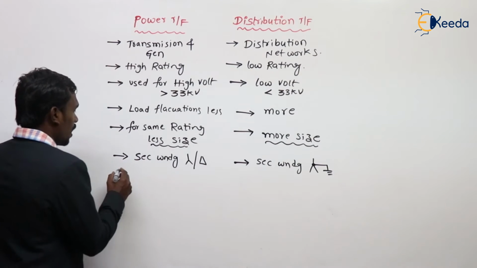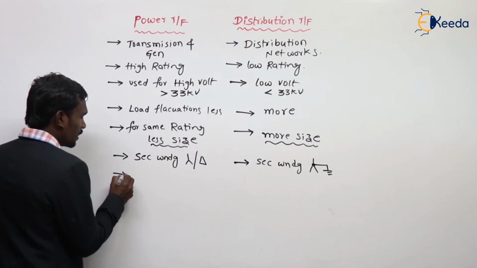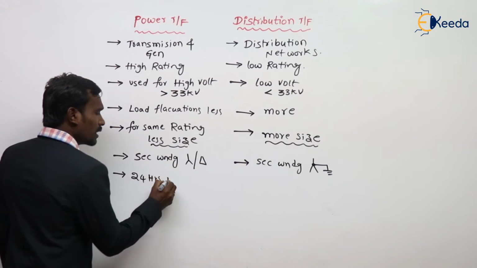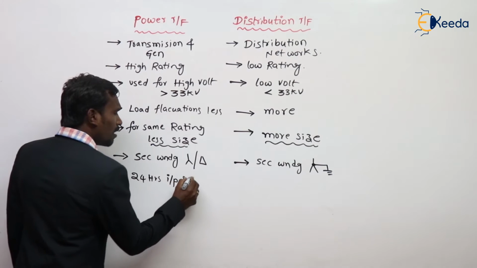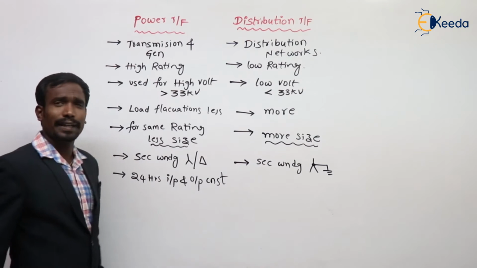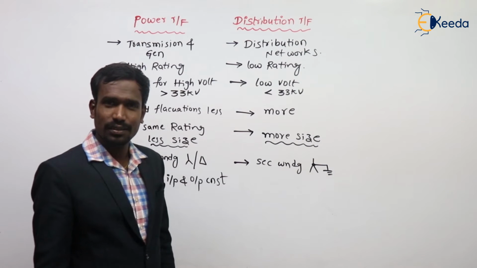And next one, in a power transformer, for 24 hours input and output are constant.